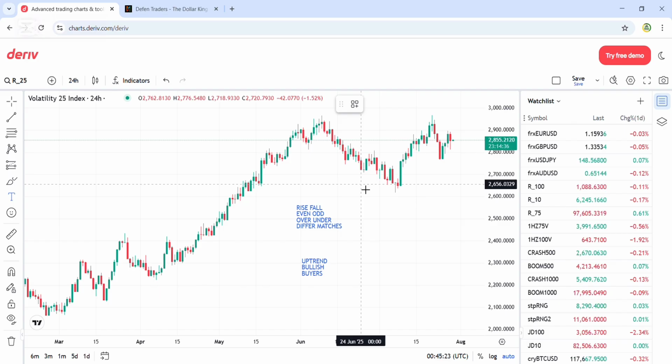These contracts give an answer that is a yes or no proposition, whereby you will know your fate, whether you have made a profit or a loss, at the expiration of the contract. Remember, in binary trading, or synthetic indices, or Deriv trading, whichever language you want to call it, we do not hold trades. We know our fate at the expiration of these contracts.